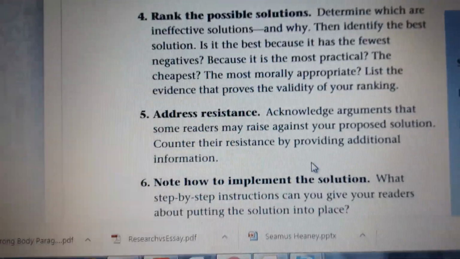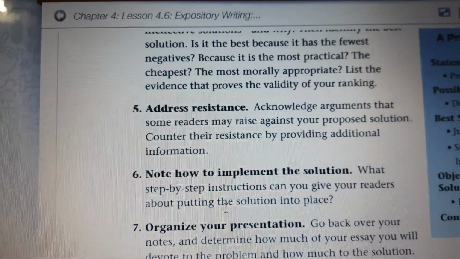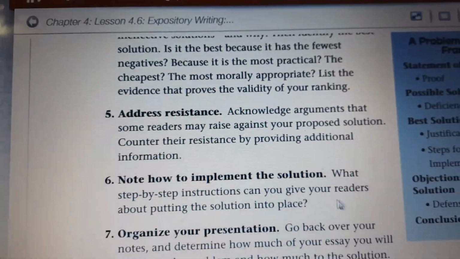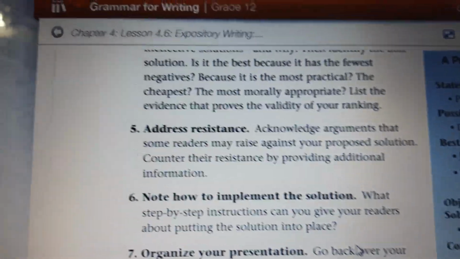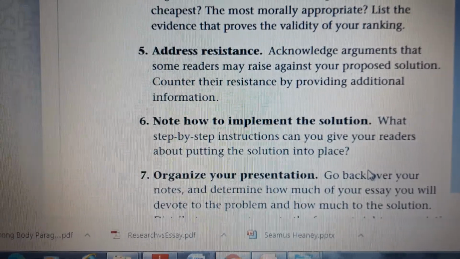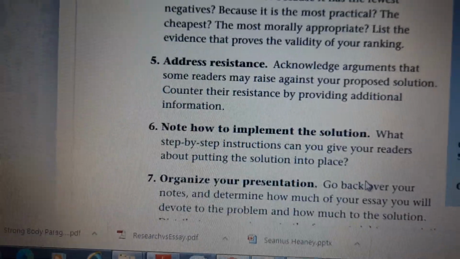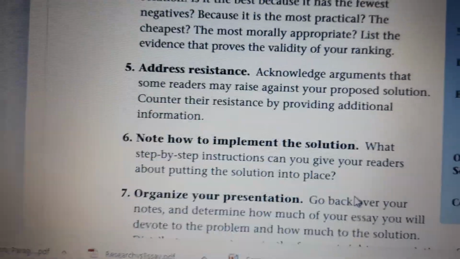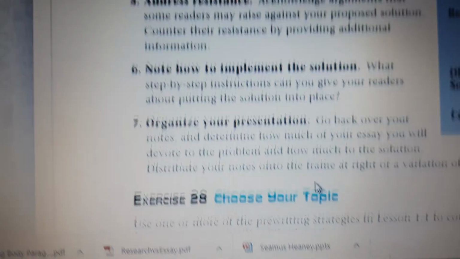Okay, note how to implement the solution. What step-by-step instructions can you give your readers about putting the solution into place? You have to think about this one very well, and go step by step. Organize your presentation.